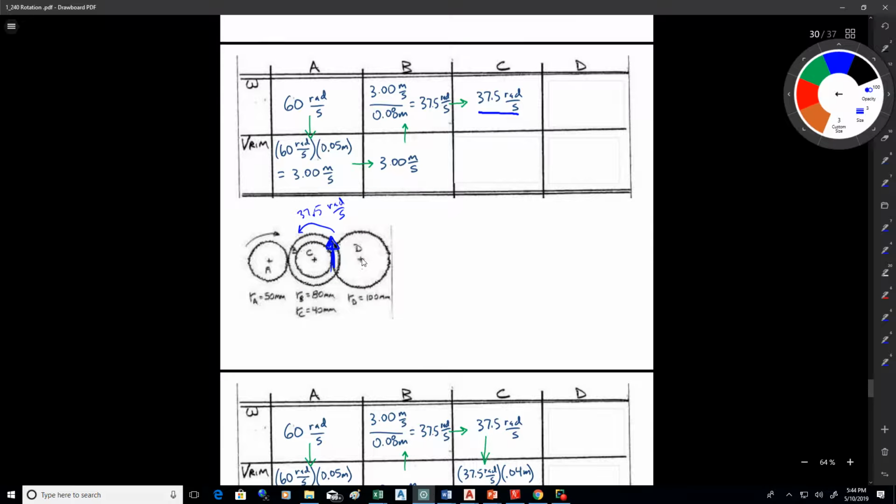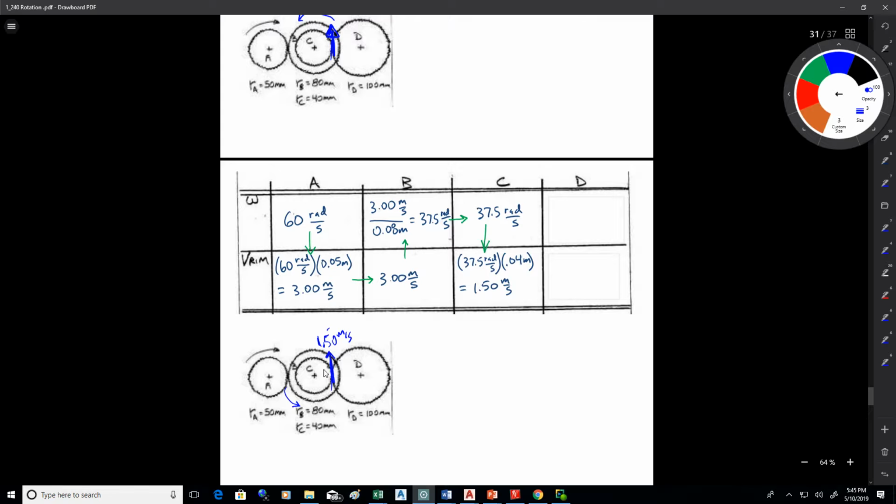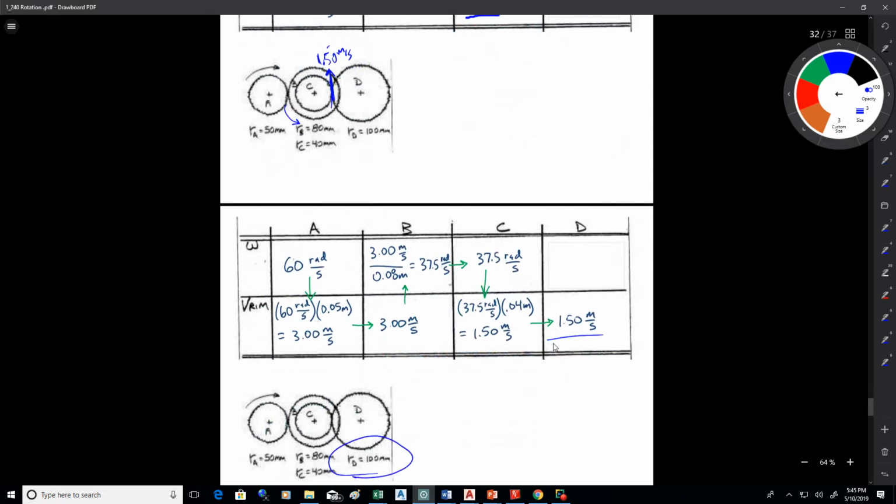Now C is going to mesh with D on the rim, so I want the rim speed of C. That'll be omega times R, 37.5 radians per second times the radius of C, which is 0.04 meters, so that's 1.5 meters per second. That's the rim speed of C, which meshes with D. So the rim speed of D is also 1.5 meters per second.